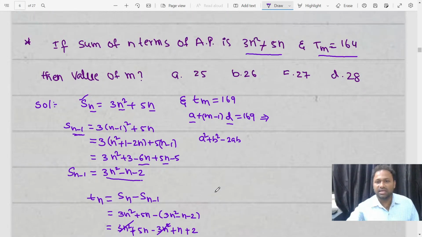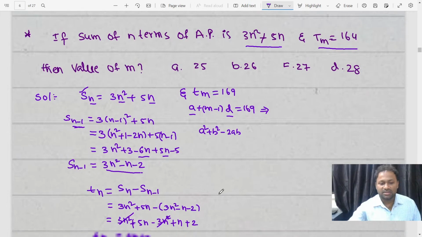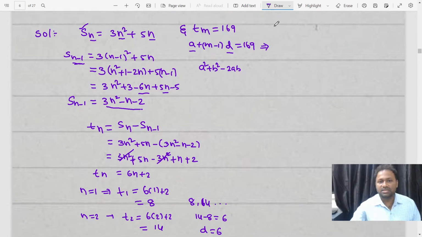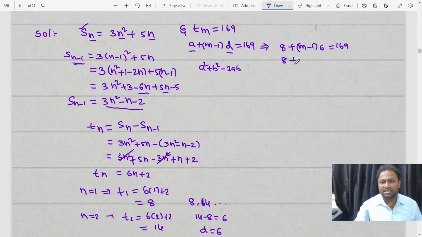By substituting here, we will get the answer. So A is equal to how much? 8. So substitute here: 8 plus m minus 1 into D, D is nothing but 6, is equal to 169. So 8 plus 6m minus 6 is equal to 169.